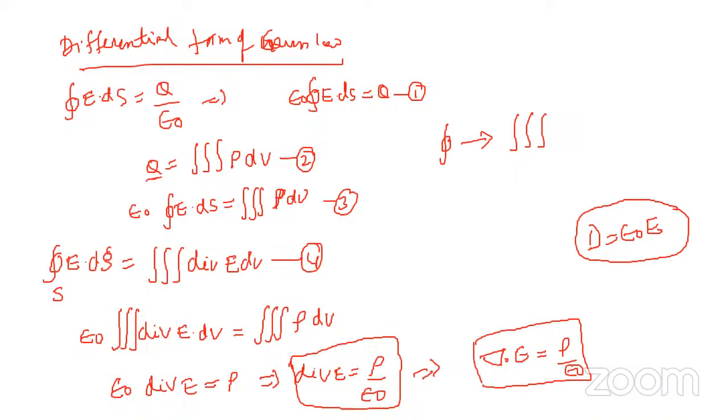So this is what we have seen so far: the electric field on the surface of a charged conductor, and the lines of force which we have already discussed. This is the Gauss theorem we have seen.